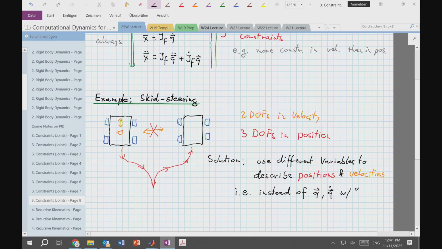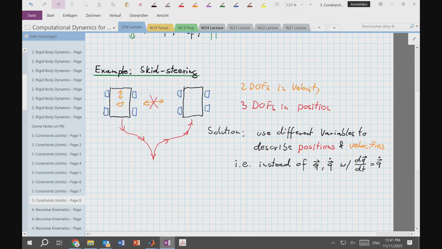And there was a fundamental relationship between the two, where the time derivative of q against time is what we call q dot. So in a sense, the same variable for positions and velocities. But even here, you could argue that there are different variables, because one is called q, the other is called q dot. And they're linked through this relationship where the time derivative of one is equal to the other.